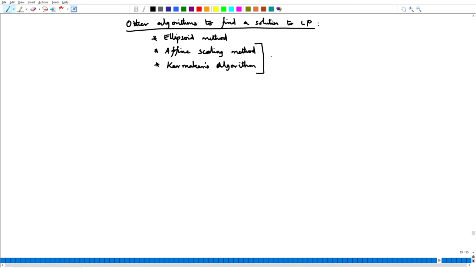Actually both affine scaling and Karmaker's algorithm are called interior point methods. The reason is, if you recall how we find the solution in the simplex method, we start with a vertex and keep moving around different vertices until we converge to the solution.